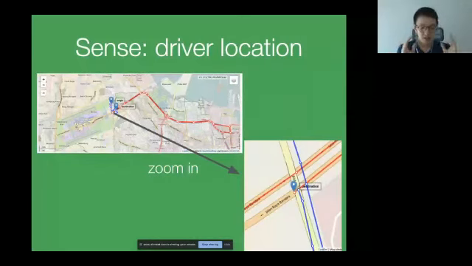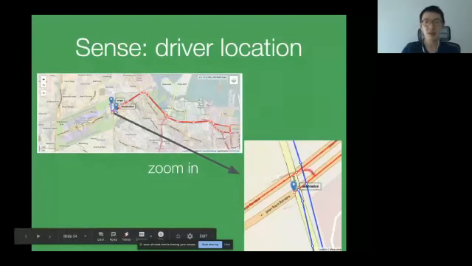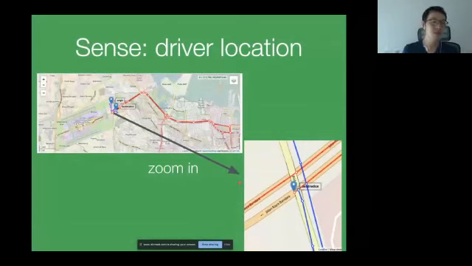And if we zoom out a bit, you will see sometimes the GPS latitude and longitude reported are accurate, but we are still confused about where the driver is. If you zoom in, you can see the example here, right? A lot of road networks are super complicated. You will see a flyover, you will see a tunnel.